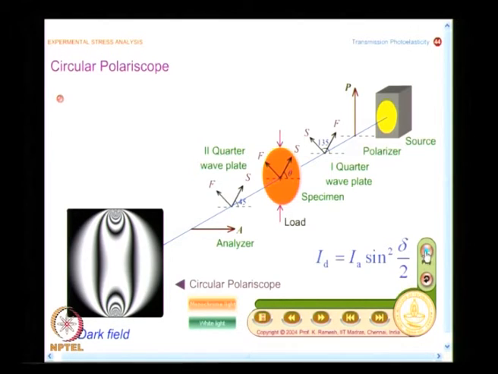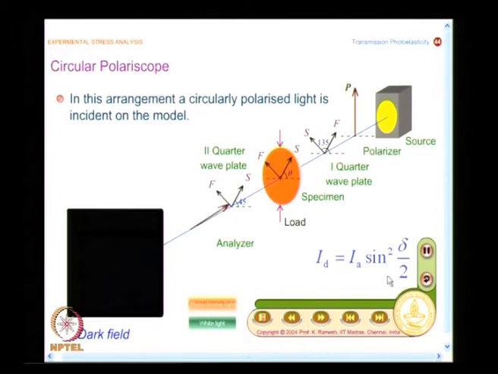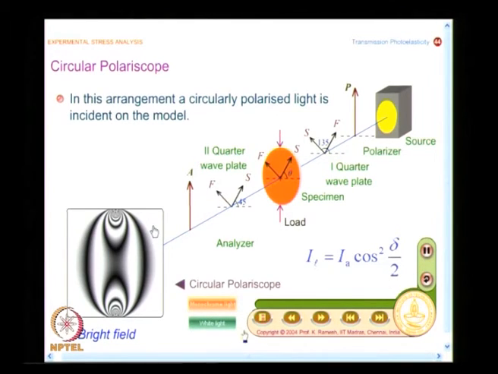And when I keep it vertical, what do I have? I have this as bright field, and this equation also has changed. Now, you know the intensity of light transmitted. So, what I would suggest is, do the analysis of light that passes through the circular polariscope purely by trigonometric resolution.